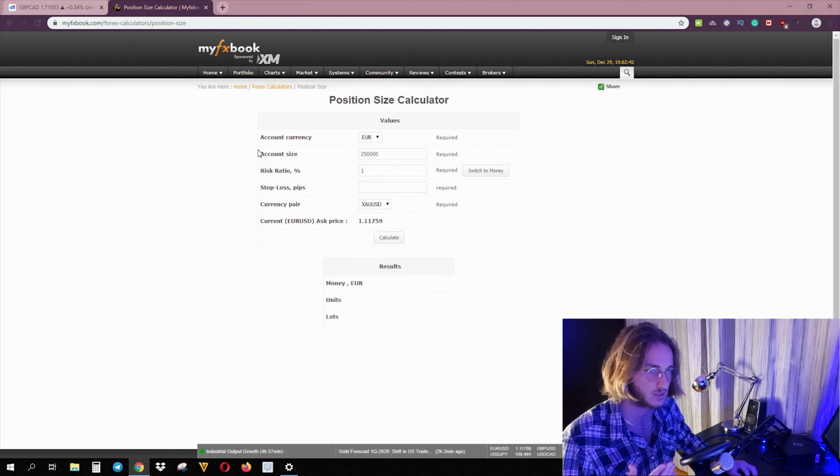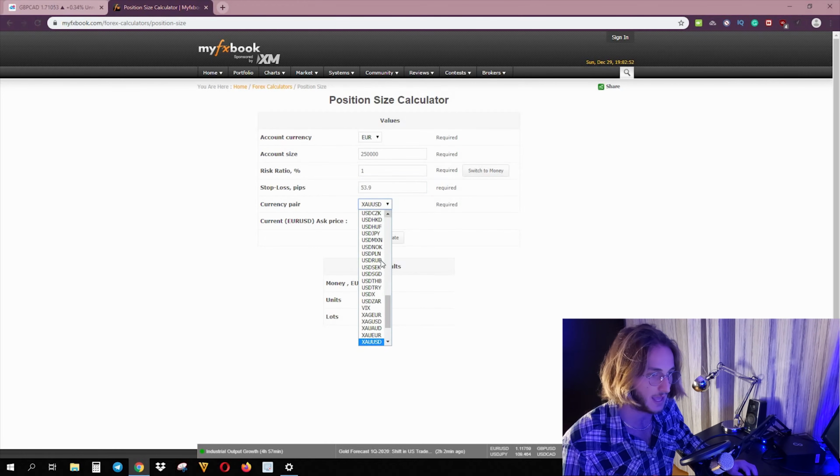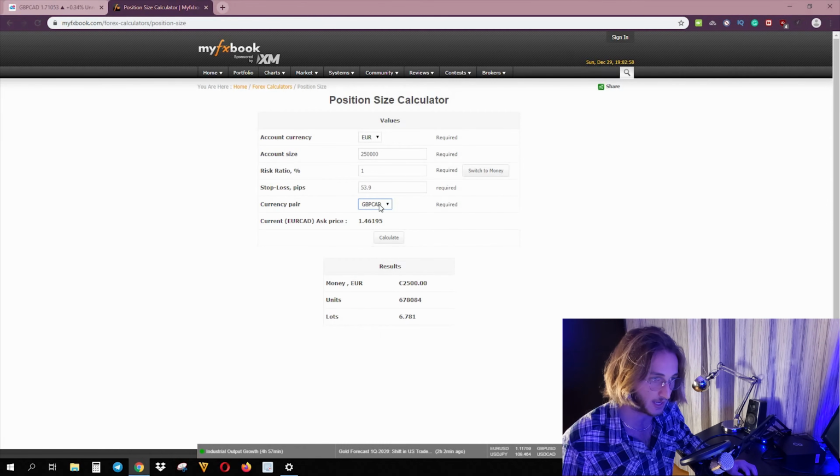euro. For example, 250k is your account. You want to risk 1%. Your stop loss, as we have seen, is 53.9 pips, and the currency pair on which you want to open this trade is GBP CAD.